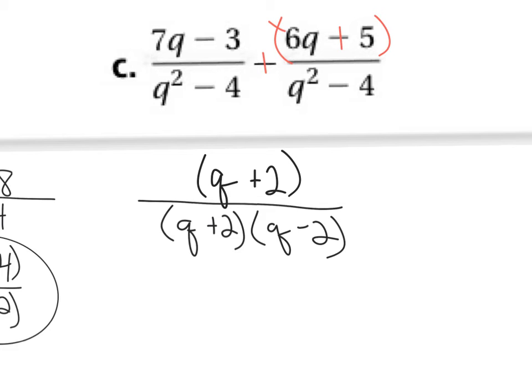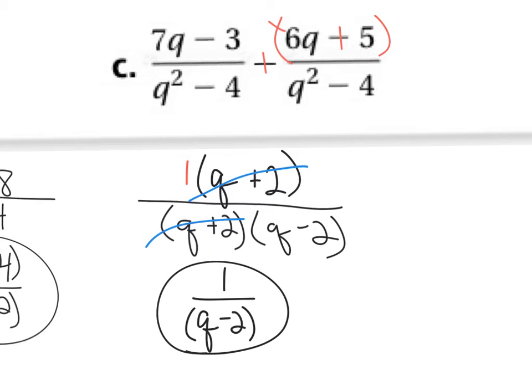And so actually we didn't even have to do anything with factoring anything out of the numerator. We already have these q plus 2 factors that we can cancel. And so that would be our answer, just 1 over q minus 2.